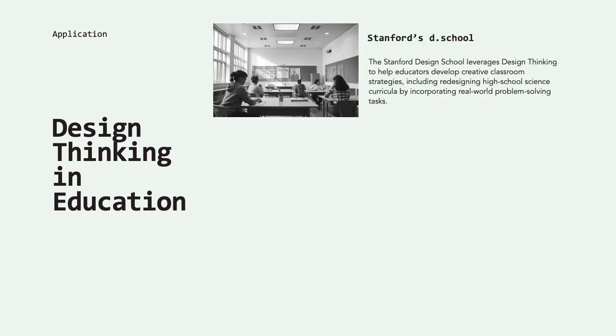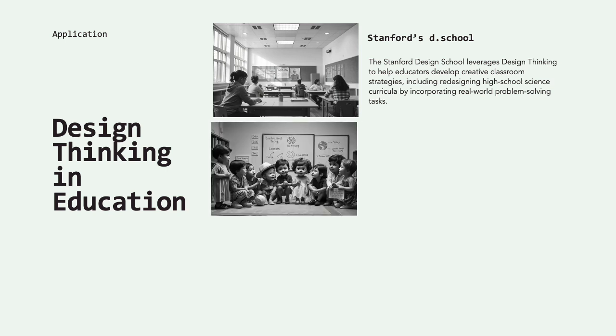Let us now understand design thinking in education via a few examples. Stanford's D School. Stanford Design School leverages design thinking to help educators develop creative classroom strategies, including redesigning high school science curricula by incorporating real-world problem-solving tasks.